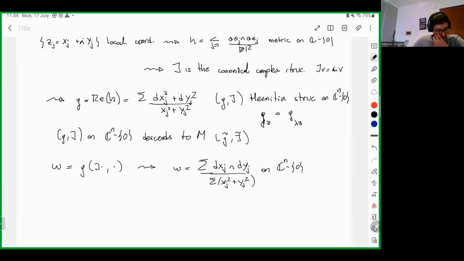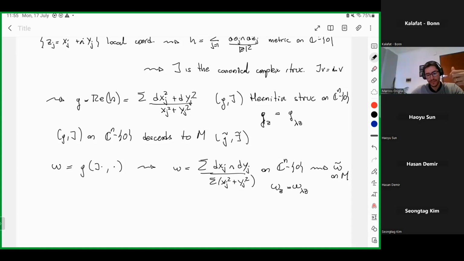But of course, again, you can use a lambda square factor. So omega in z is exactly the same as in lambda z. So again, this induces an omega tilde on M. So we have the induced fundamental two form in the quotient, right?